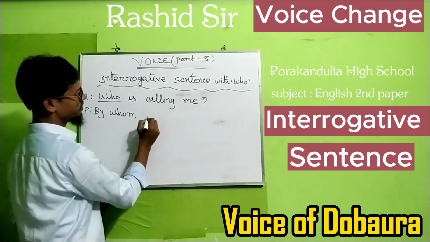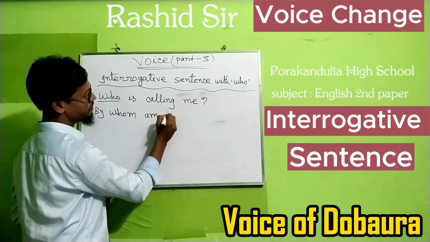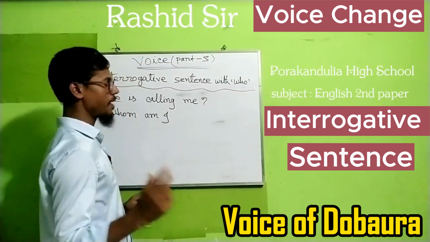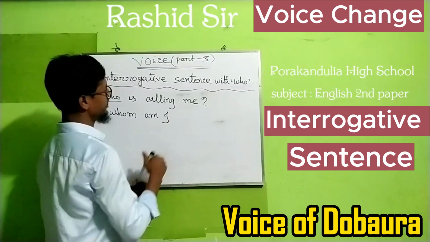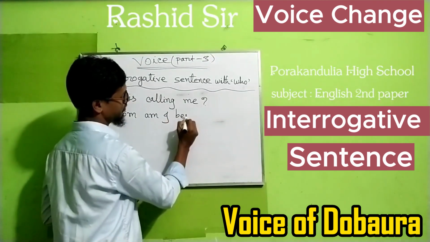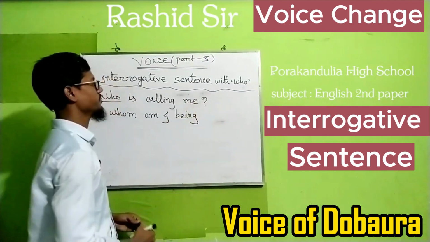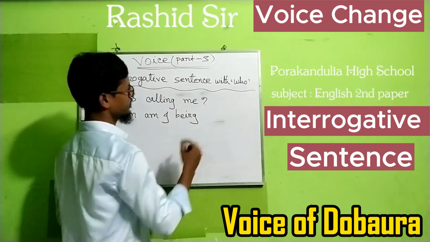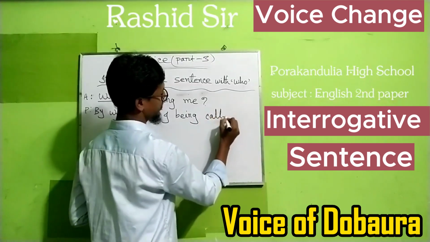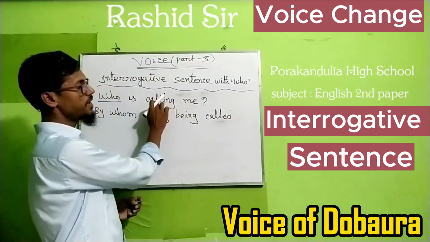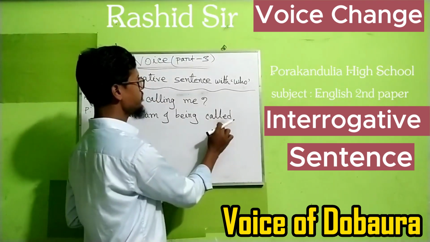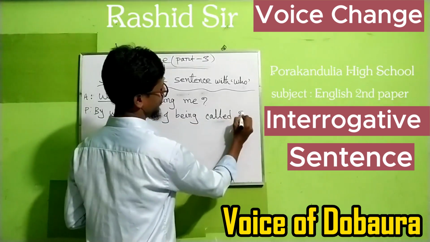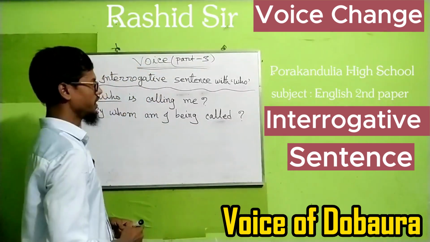Here I will use am before subject I, and the next auxiliary verb, the remaining part, will be used after I. That means being. Next, PP of main verb will be used. Call is the main verb, so PP of main verb is called. Question mark will be used and it is okay.